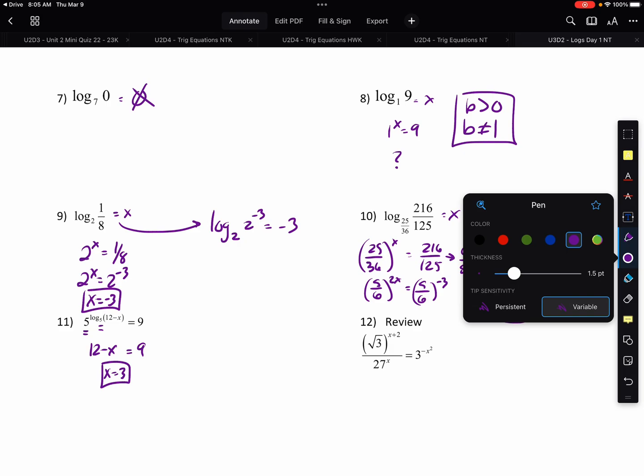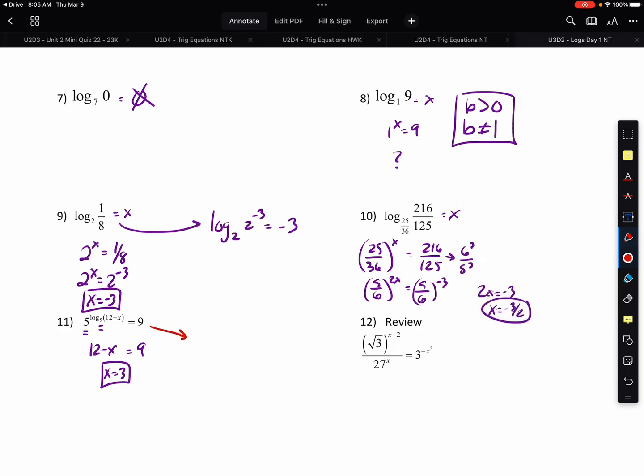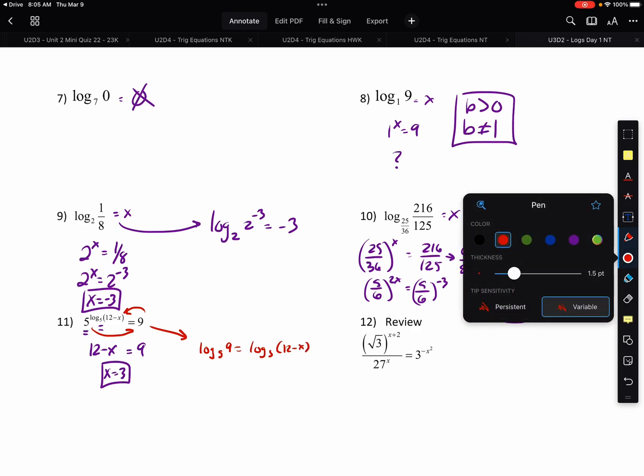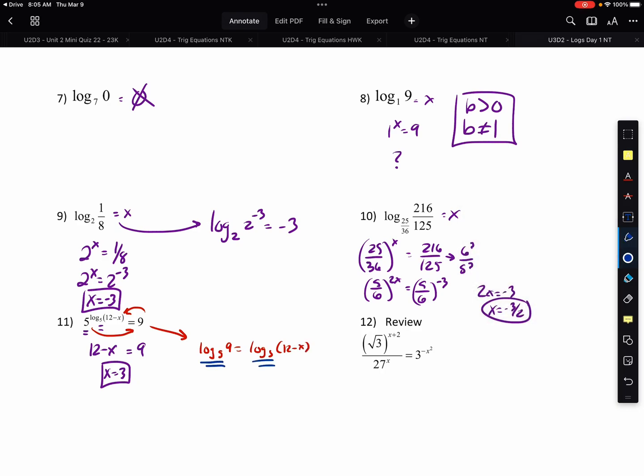So if I were to convert this, do the wheel idea, log base 5 of 9 equals log base 5 of 12 minus x. They both have the exact same log, so set the arguments equal to each other. They're all good options.